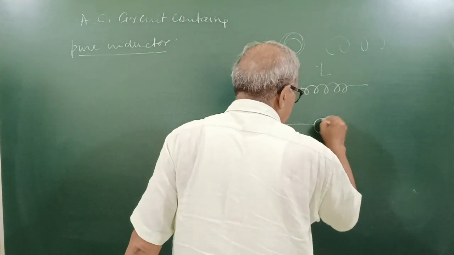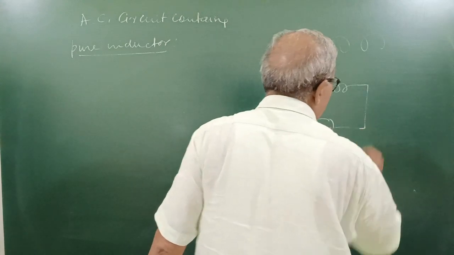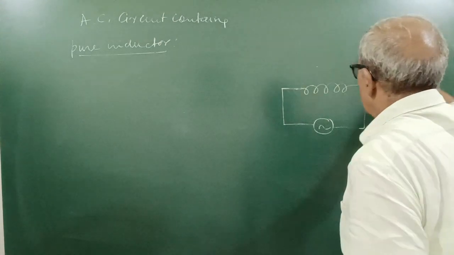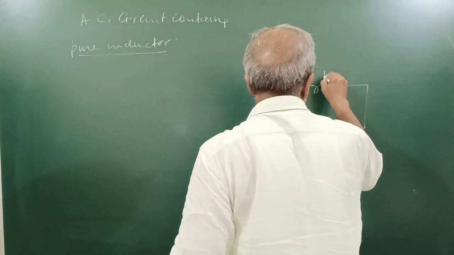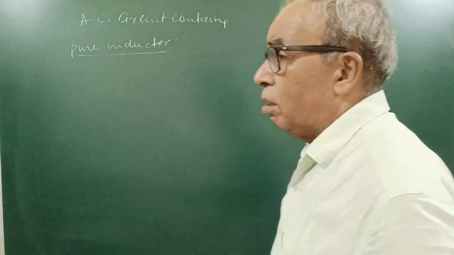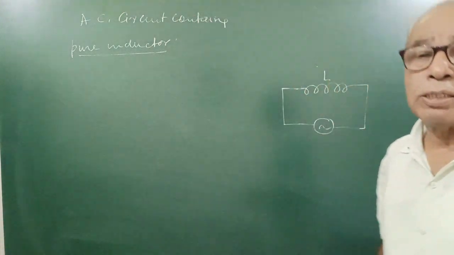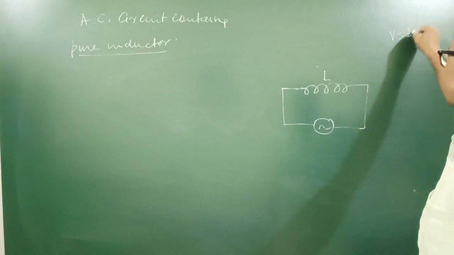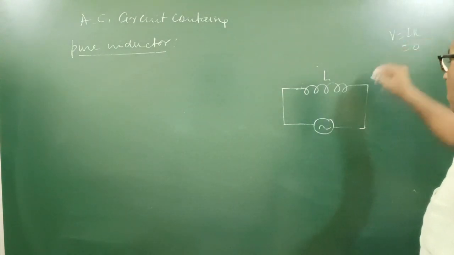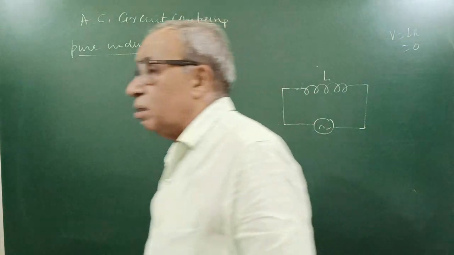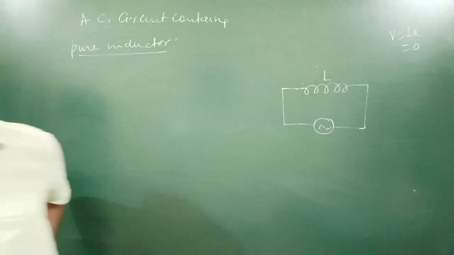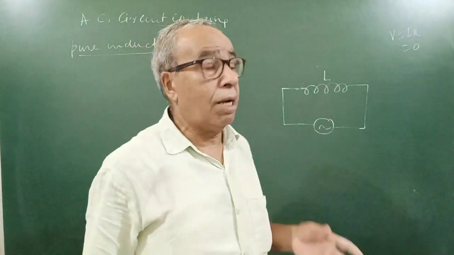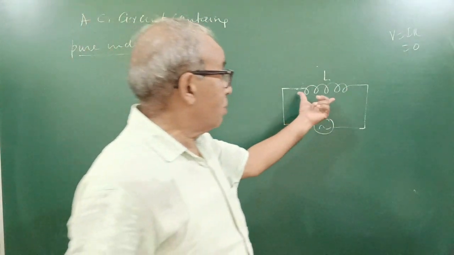Why am I talking about a pure inductor? Because every solenoid, every conducting wire has resistance. So I will not consider resistance here. If it is a pure inductor and we pass, say, 10 ampere current, potential difference V equal to IR happens, but if we pass direct current through an inductor, initially there will be a potential, but after some time the potential becomes 0, there is no resistance.